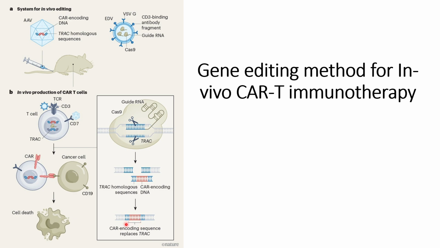Thereafter we will have this CAR encoding sequence that replaces the TRAC. So this will enable the T cells to form this CAR, and since these CARs are designed to get expressed on the cell surface, they will be expressed on the cell surface.